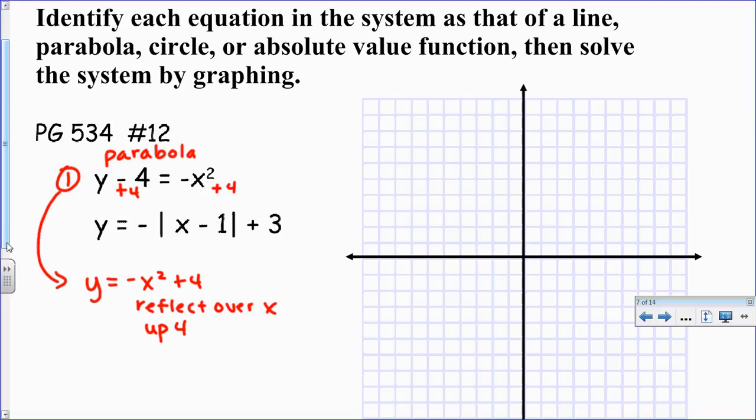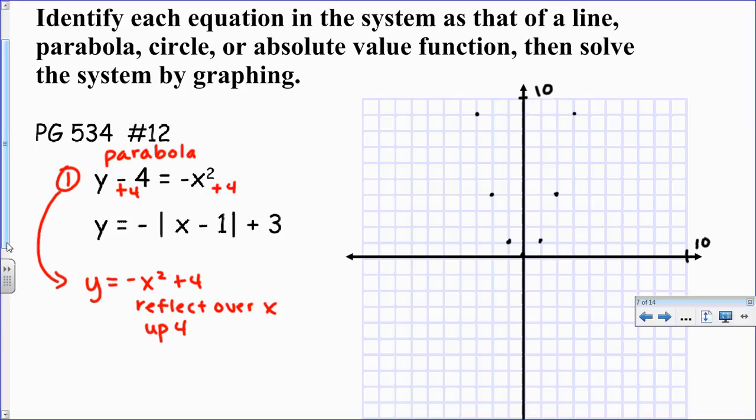So if you think about your parent function of a parabola, you're at 0, 0, and then 1, 1, negative 1, 1, 2, 4, negative 2, 4, 3, 9, negative 3, 9. That's the parent function because you're squaring your values. Okay, so then reflect over x and shift up 4.